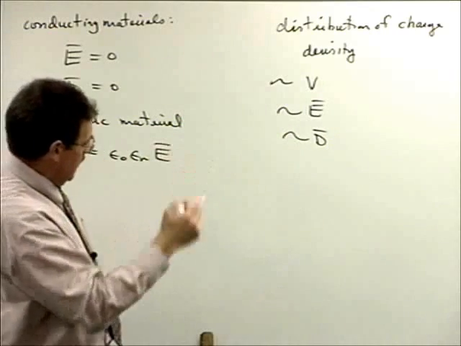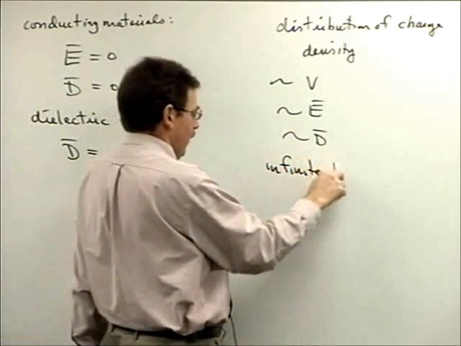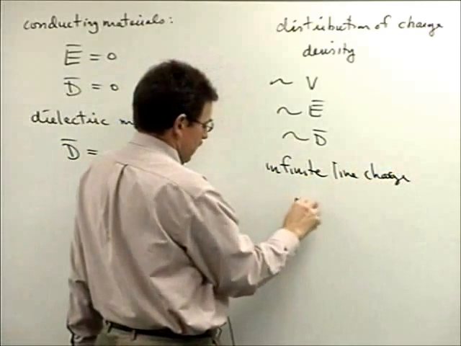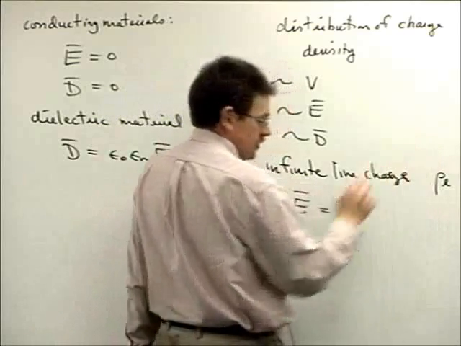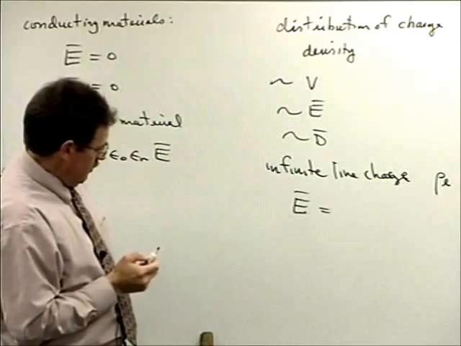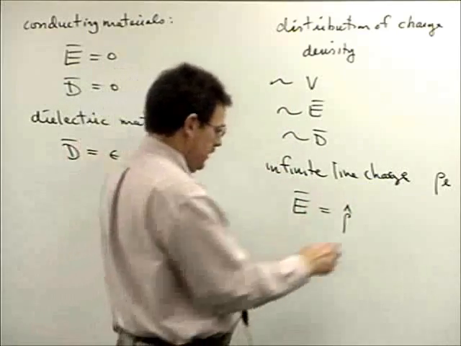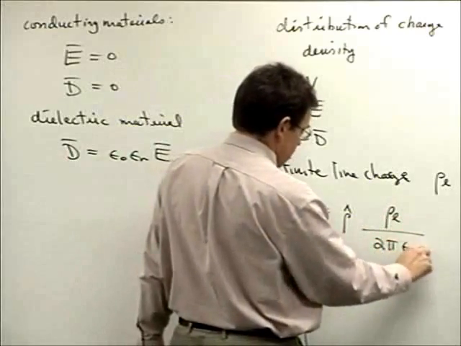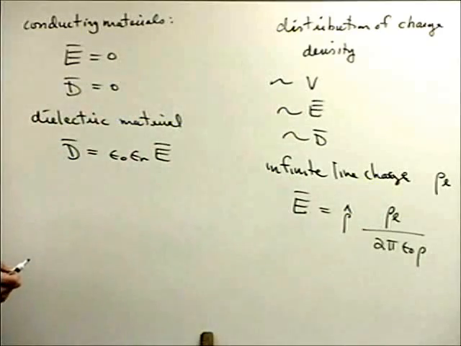So for instance, let's say we had an infinite line charge. There's an electric field produced by that. If this is a charge density rho sub L coulombs per meter or something, then you'll get an electric field produced by that, which will basically be pointing away from the line charge, and it'll have a value rho sub L divided by 2 pi epsilon 0 rho in the rho hat direction.